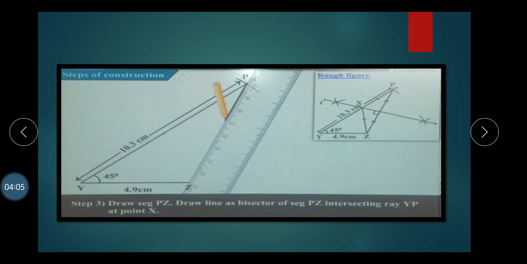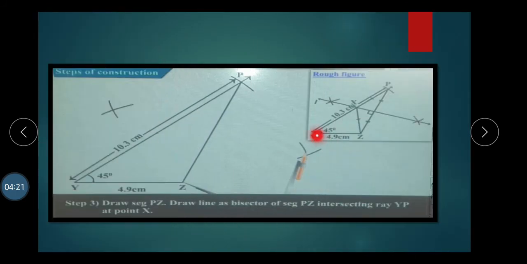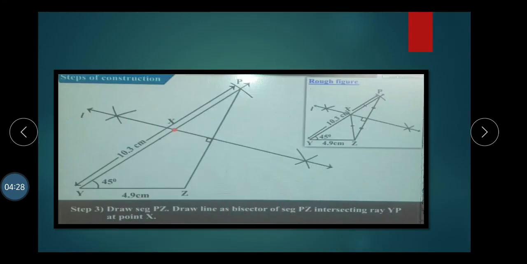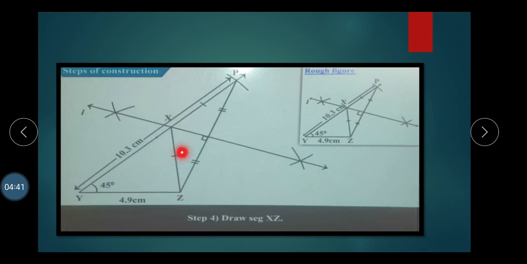Then you will draw seg PZ. Now draw a line as bisector of PZ intersecting ray YP at point X. This is the way you will be constructing the perpendicular bisector, and it will be meeting point P. It will be meeting line PY at X. Now draw seg XZ.